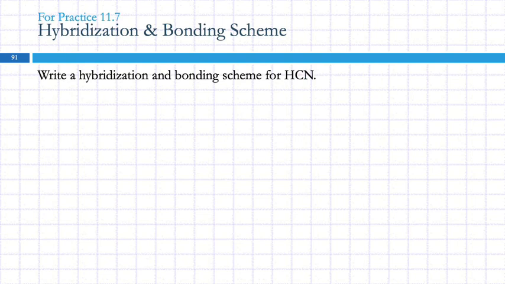Let's do HCN. I'm just going to speed this up a little bit. There's the Lewis structure. Ta-da! So we have a central atom here, carbon, right? How many electron groups are on the carbon? 2.